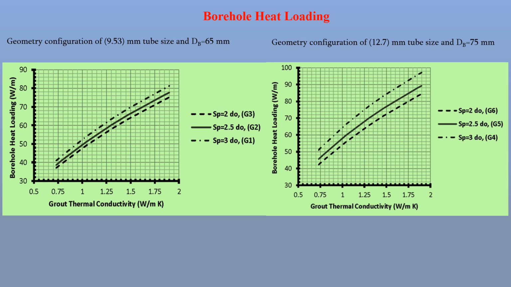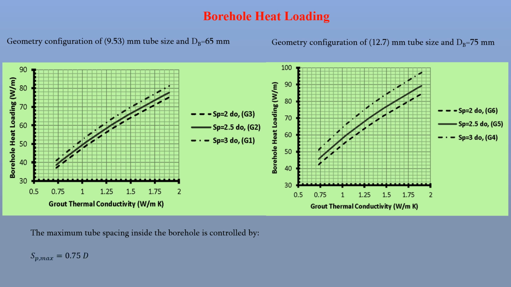The maximum will be obtained at the higher SP and higher thermal conductivity, and the lower will be obtained for lower value of thermal conductivity and lower tube spacing, as it equal to 2D naught for geometry G6.